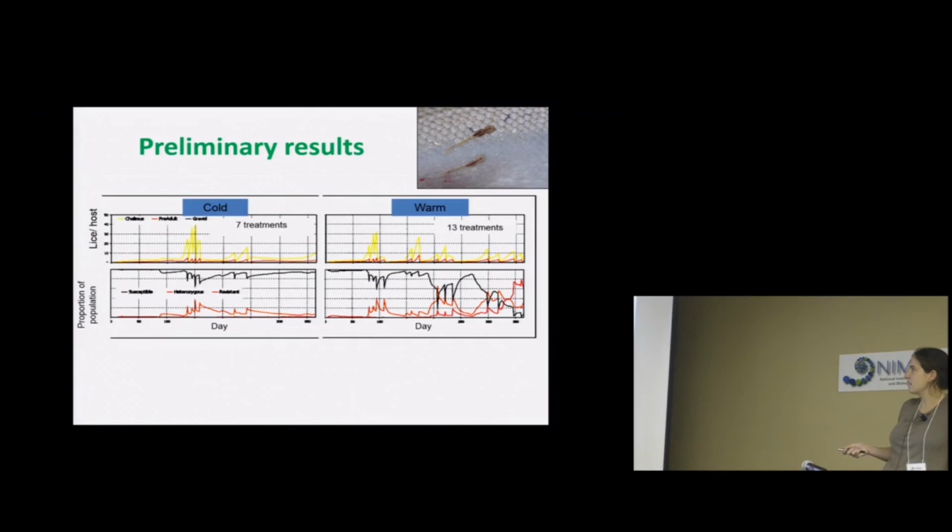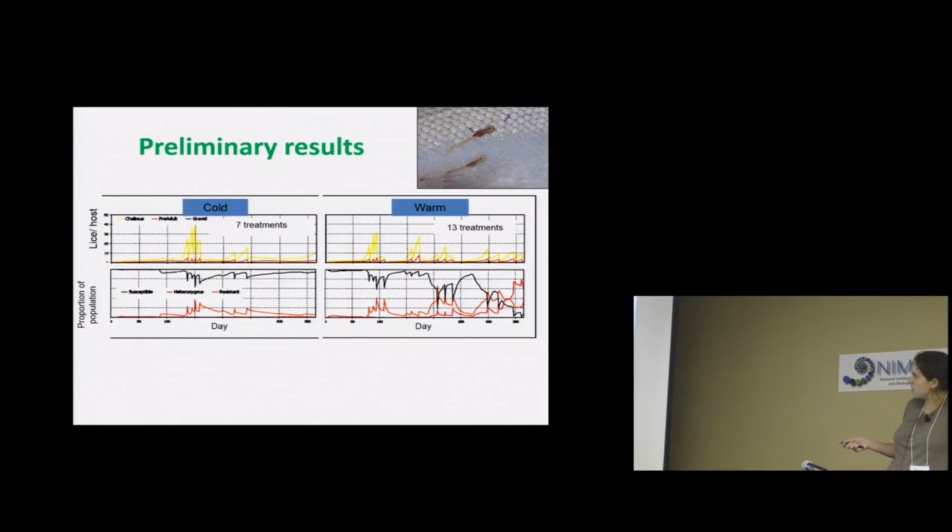If we look at the genetics of our populations, we have heterozygous in orange, we have susceptible in black, and then resistant individuals are in red. So we can see the proportion of resistant or heterozygous individuals in the population. In our cold year, we have some increases in resistance when those treatments are applied, but by the end of the year, the level of resistance is quite low.